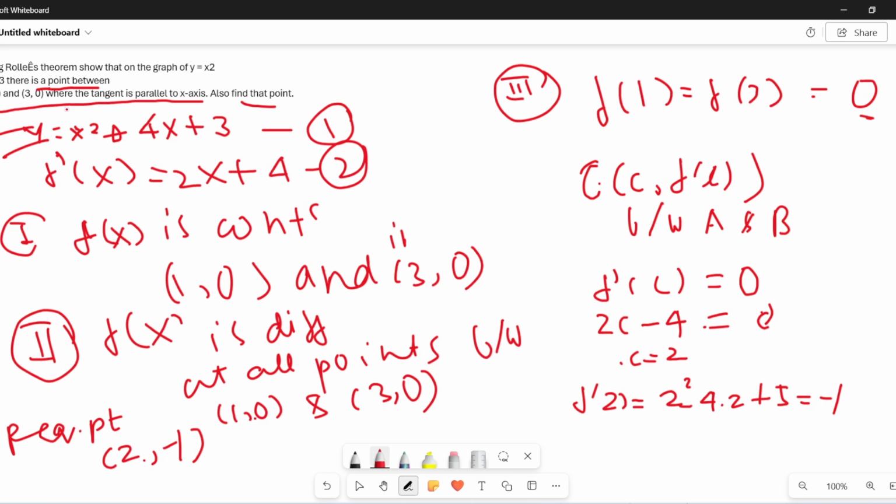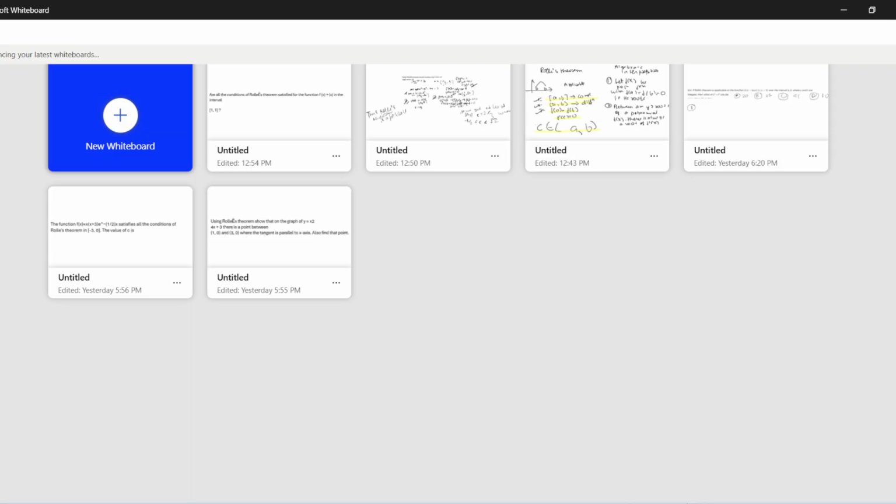C = 2 lies between 1 and 3. We have to find the value of f(c), so f(c) = f(2) = 2² - 4 × 2 + 3 = -1. So the required point is (2, -1), lying between (1, 0) and (3, 0). Okay, now we'll go to the next problem.